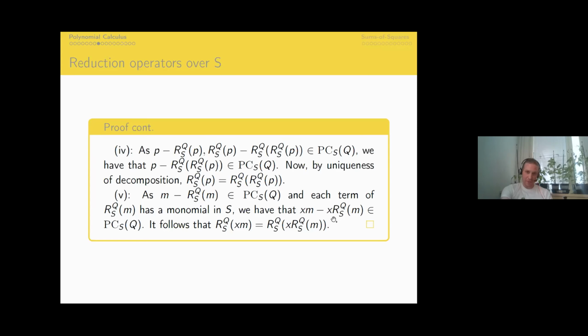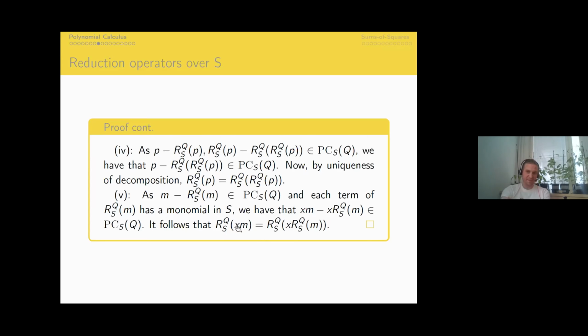So we can lift it by x and have that x of M minus x times Rs of M is provable. And again, if this is provable, then it follows that, applying this Rs operator to both terms here, you get the same values.